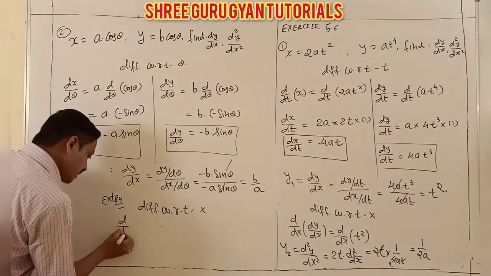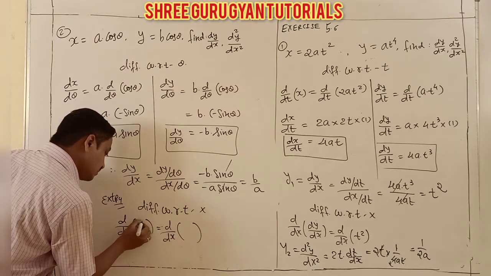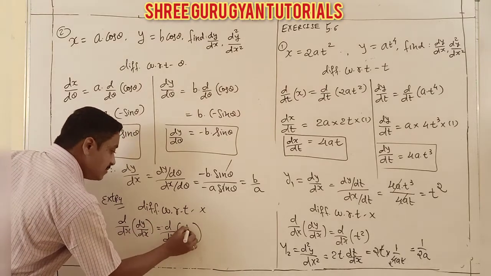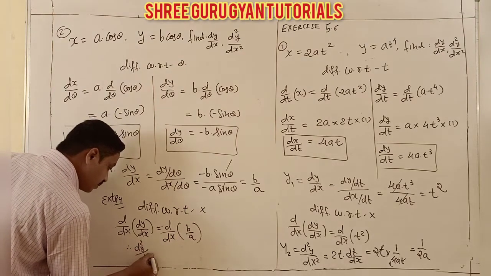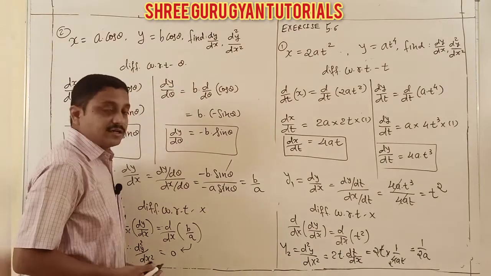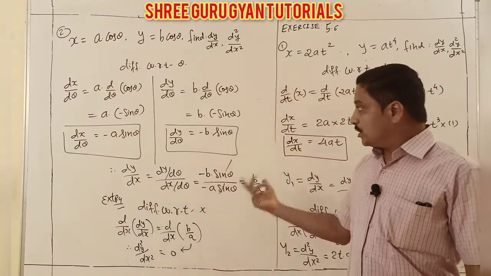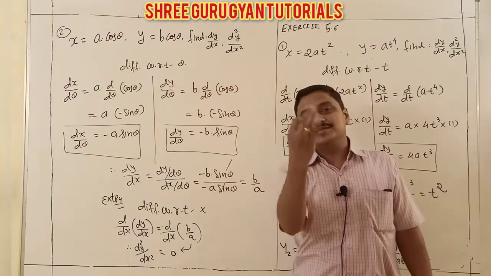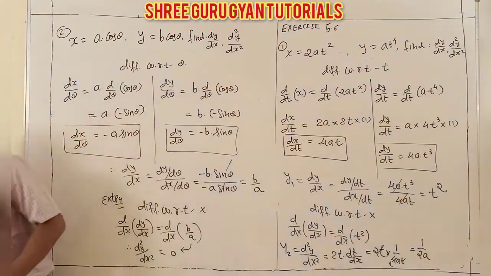So d by dx, here also d by dx of dy by dx, and here d square y by dx square. But this side is constant, and every constant derivative must be 0. So students, here our question 2 is easily finished. Now I will do the third one in the same way.